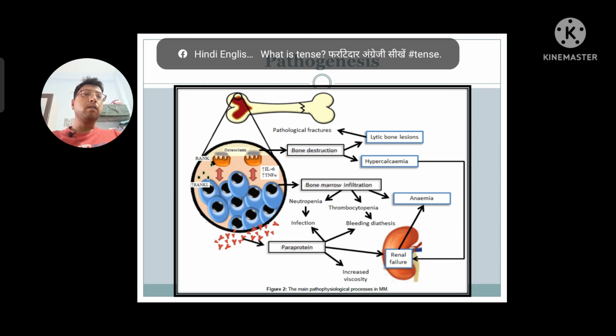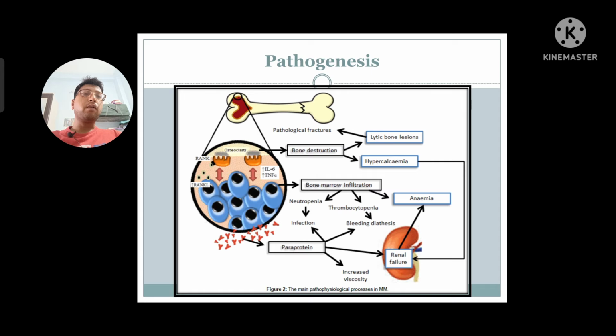These paraproteins lead to hyperviscosity of the blood and may lead to hyperviscosity syndrome. These paraproteins are also deposited in different organs like spleen, liver, heart and kidney, so it may lead to different organomegalies.